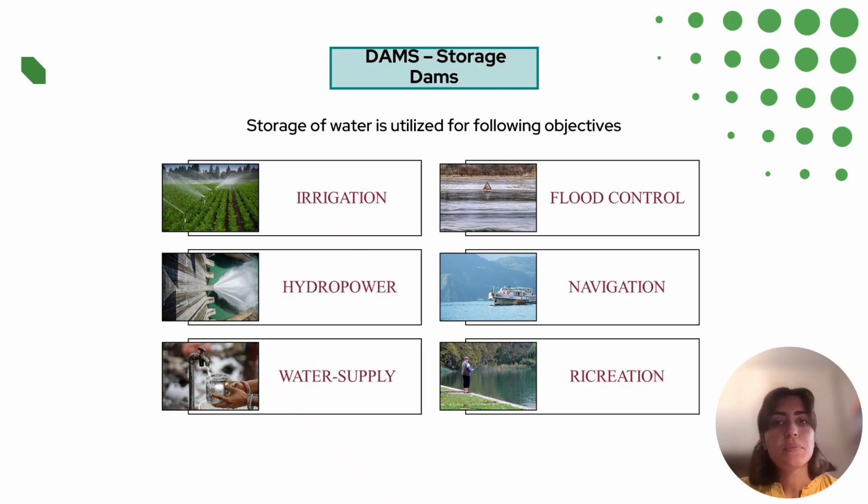Let's now focus more specifically on storage dams, which are among the most common and multifunctional types of dams. Their main purpose is to store water so that it can be released when needed, and this storage serves several important objectives. First of all, storage dams are fundamental for irrigation, ensuring a steady supply of water for agriculture even during dry periods.